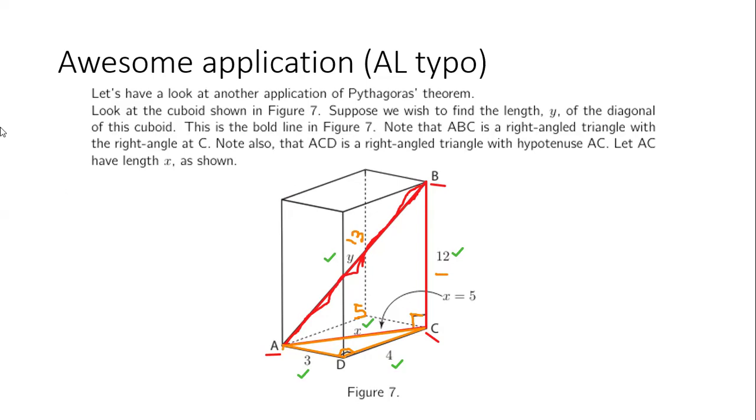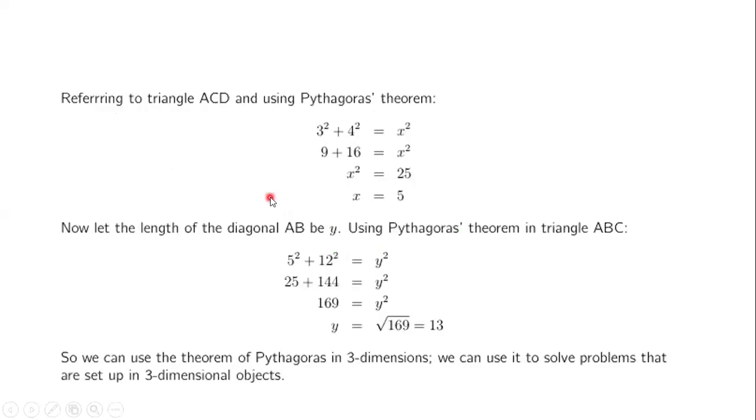So that is the kind of question we can expect for the A-level exam, right? Here you can see the calculation. The idea is that we can use this Pythagoras theorem to solve questions in 3 dimensions, or 3-dimensional objects.